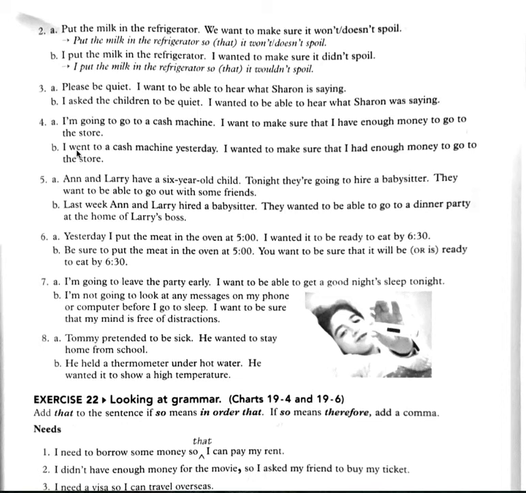So you're going to say, I went to a cash machine yesterday so that I would have enough money to go to the store. Okay? I went to a cash machine yesterday so that I would have enough money to go to the store. You can also say, I could have enough money to go to the store. They're interchangeable.